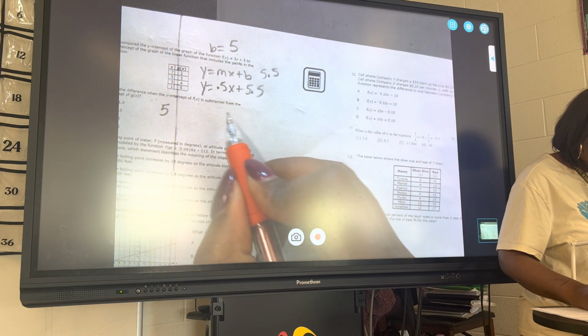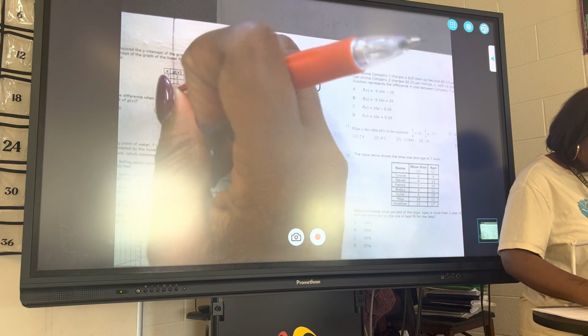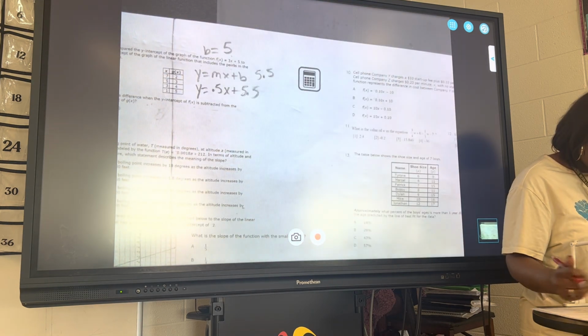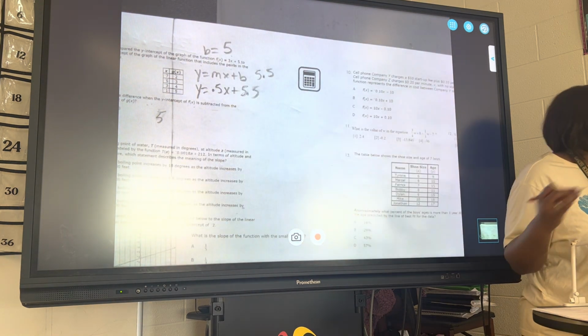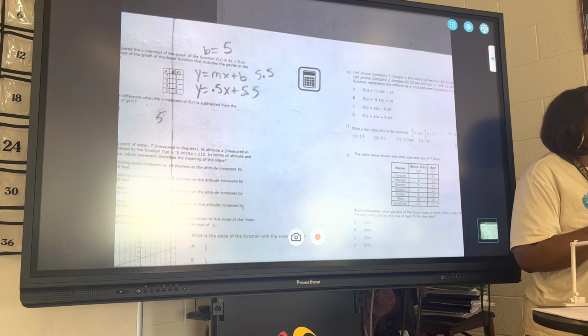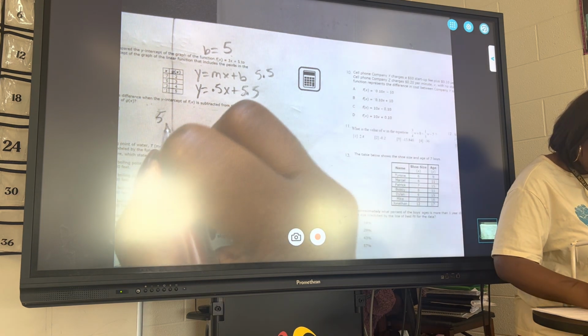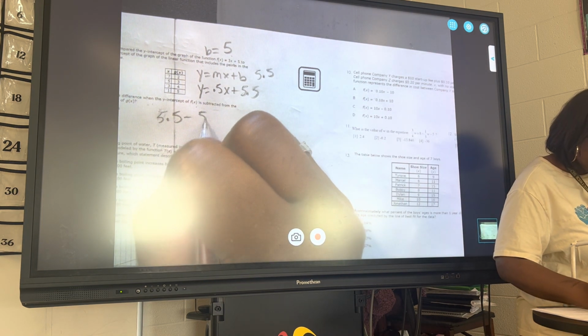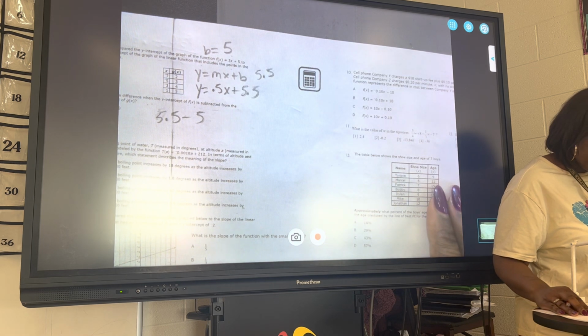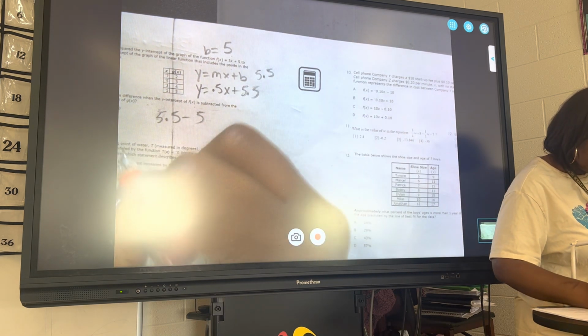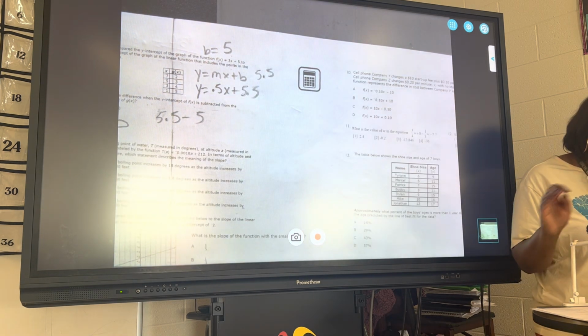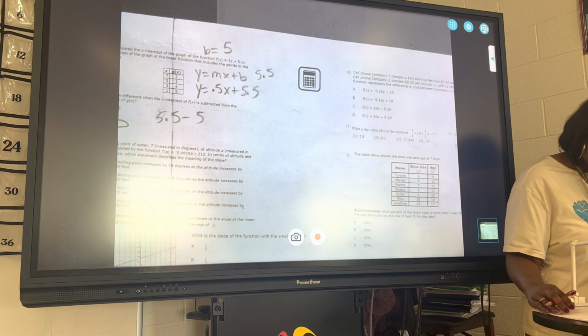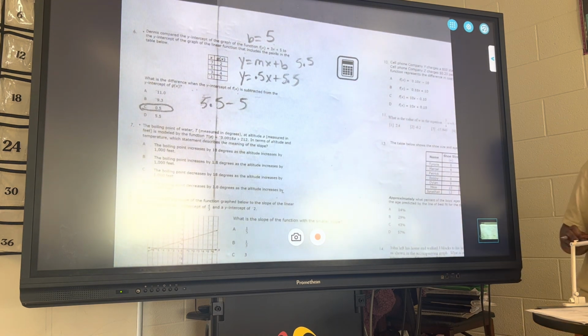It says it's subtracted from, sorry, it's the other way around. So we got 5.5 first. Do you see why it's the other way around? Because it says subtracted from. So we got 5.5 minus 5. What's 5.5 minus 5? 0.5, which is what letter? C. Make sense? Okay. All right, number 7.